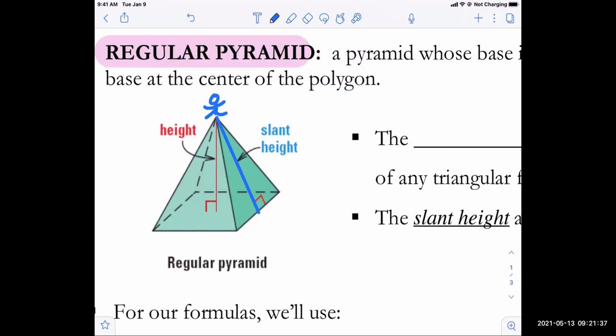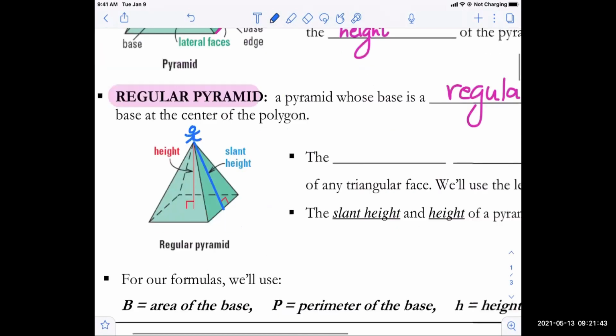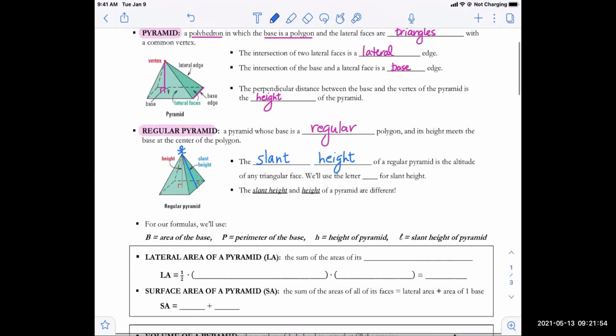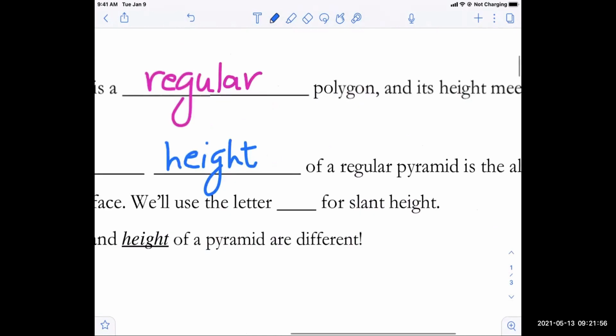That's called slant height. So it's not going along one of the edges, it's going down one of the triangular faces. The slant height of a regular pyramid is the altitude of any triangular face. We use the letter L for slant height.